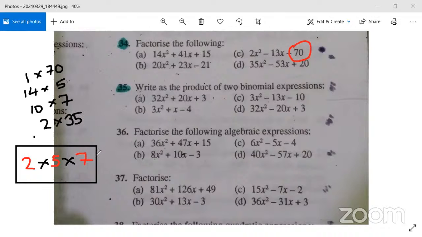So the beauty of having knowledge of the prime factors is that it's a lot easier for you to come up with the possibilities of the combinations that you can get.